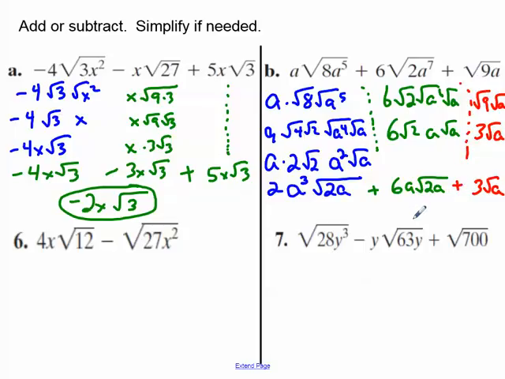Alright, now combine like terms. The blue and the green are like terms. This red is not a like term. But we can combine these guys. Oops, sorry, this should be an a to the 6. Yikes, I'm sorry. That a to the 6. Sorry, should be an a.